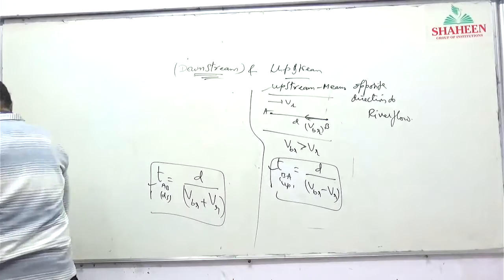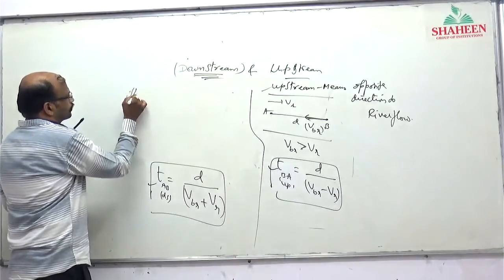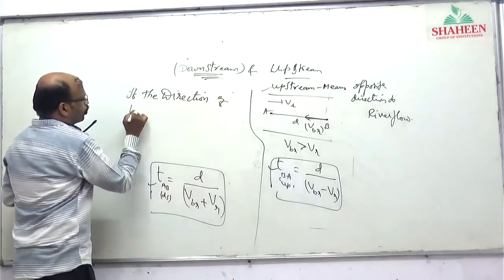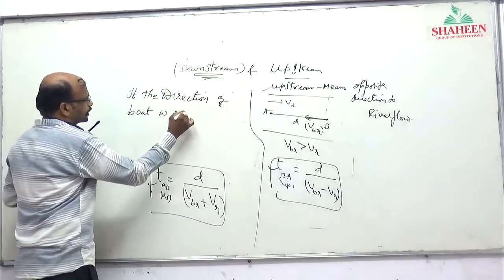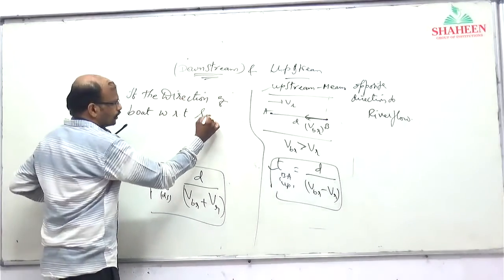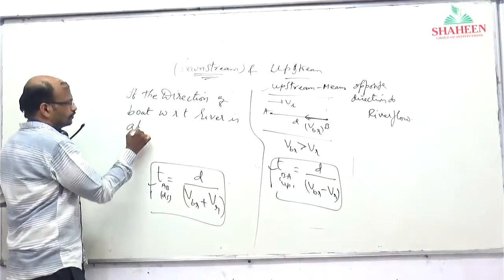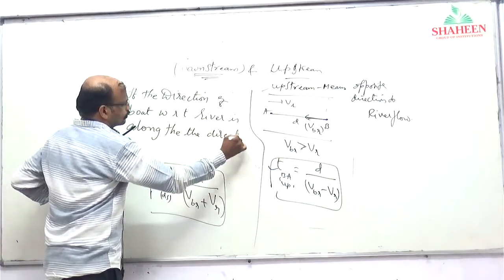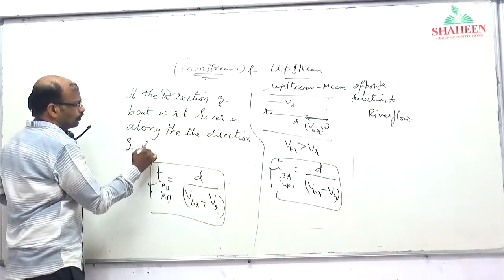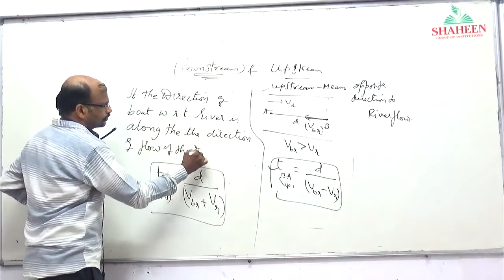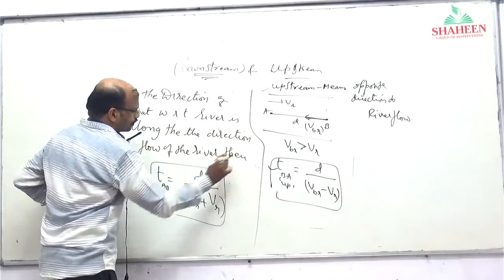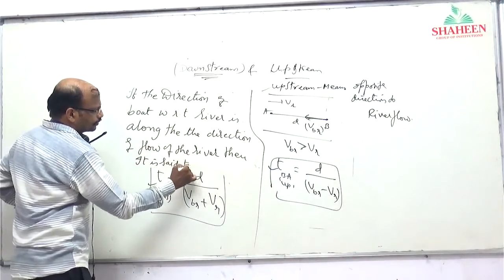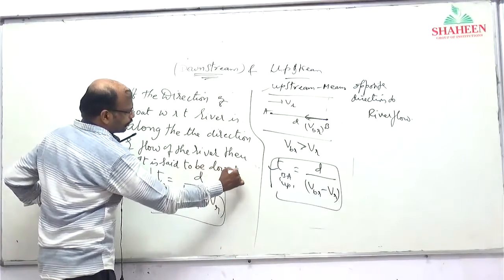I will write this downstream definition on the board. If the direction of boat with respect to river, WRT means with respect to, is along the direction of flow of the river, then it is said to be downstream.